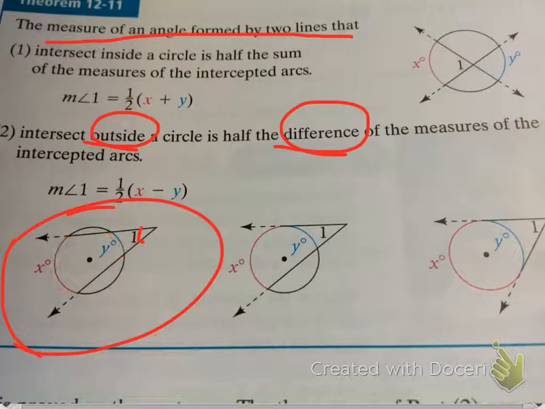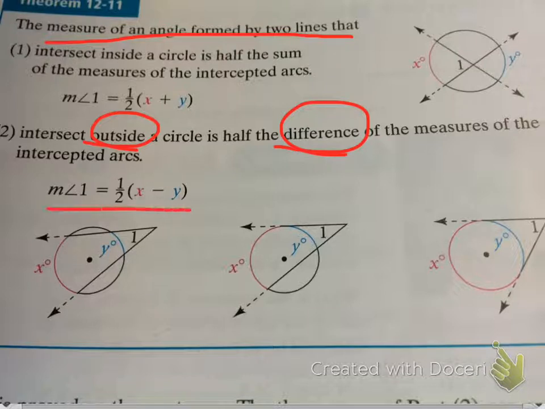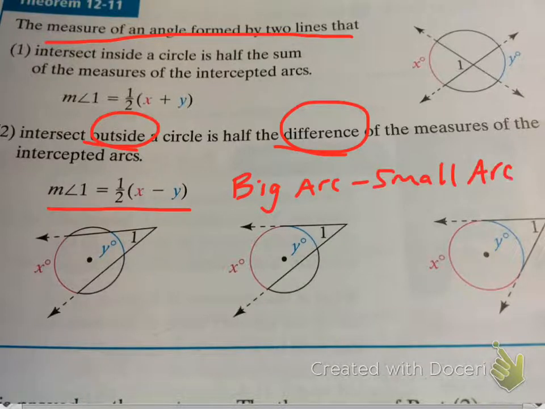Otherwise I also end up with a negative, which wouldn't make sense. So the measure of angle 1 is half of x minus y. Remember, it's big arc minus small arc. Again, I'll leave the proof for you later, but let's look at some examples here.